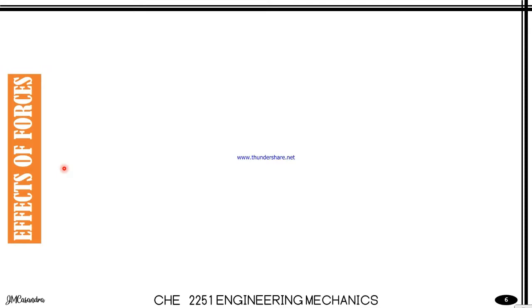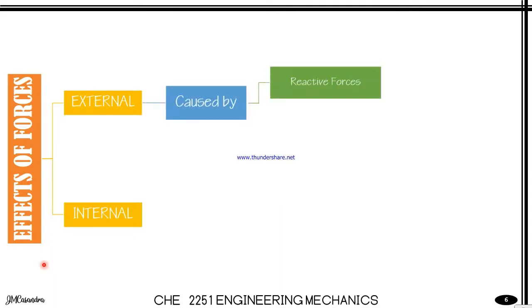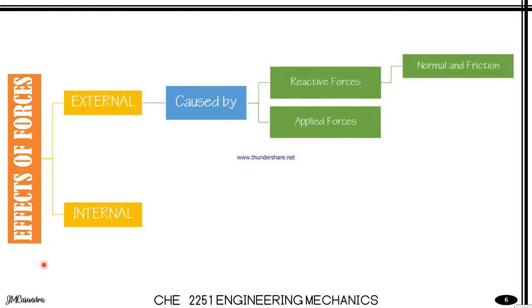So when we apply forces, basically, it will have different effects on objects or on bodies. So the effects of forces can be divided into external and internal effects. So these external effects of forces are now caused by either reactive forces or applied forces. So when we say reactive forces, these will include normal and your frictional force, and will also include your tension and compression.